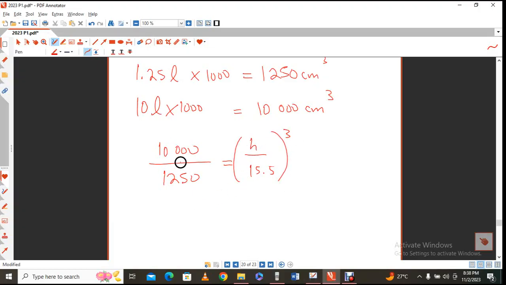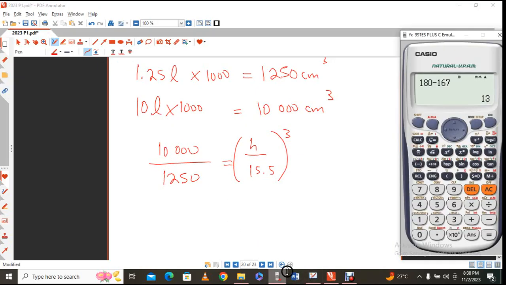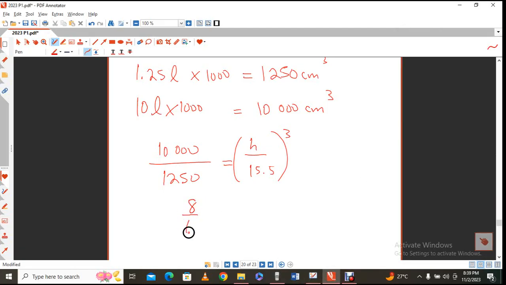Now here's the thing. If you were to say 10,000 divided by 1,250, you get 8. So effectively this is 8 over 1, not over 11. My goodness. This is 8 over 1 because I'm comparing fractions. That's why I'm writing it over 1. This is h cubed over 15.5 cubed.